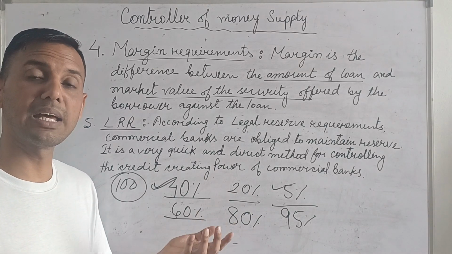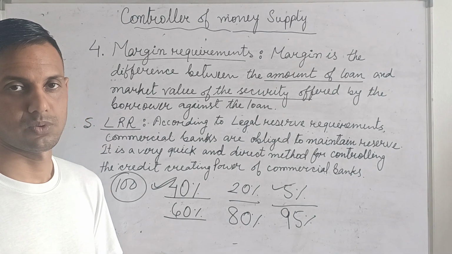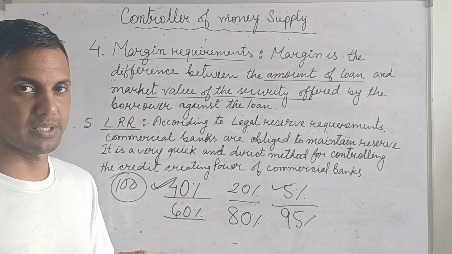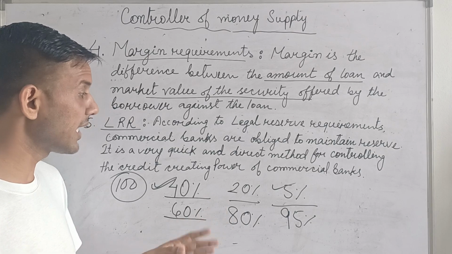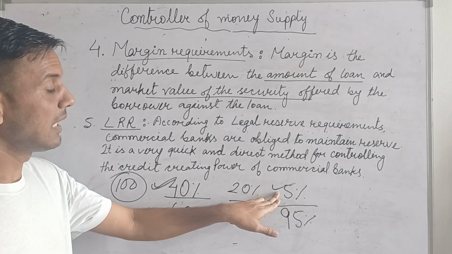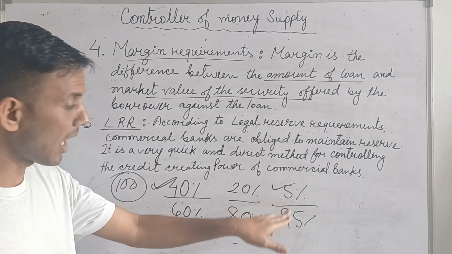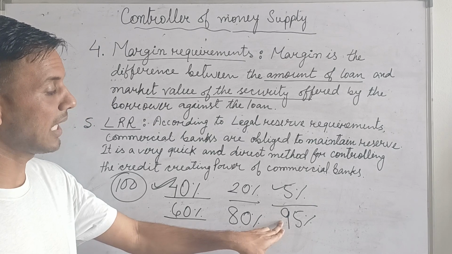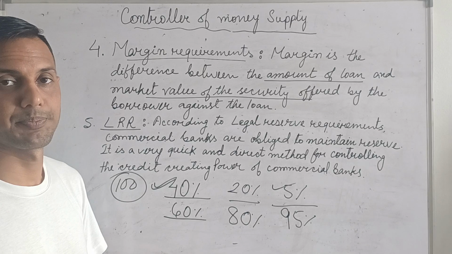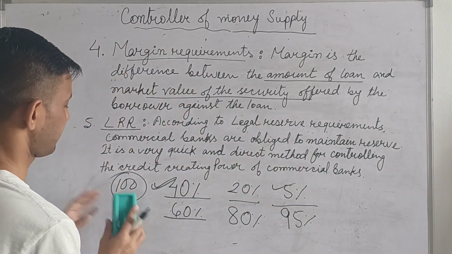It means indirectly RBI wants to discourage you because they want to control excess demand. And when there is deflation, RBI will fix the margin requirement at 5%, very less. Now commercial banks are allowed to give you a loan of 95%. So this is called the margin requirement.